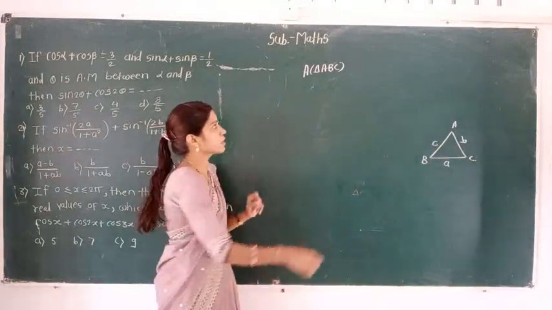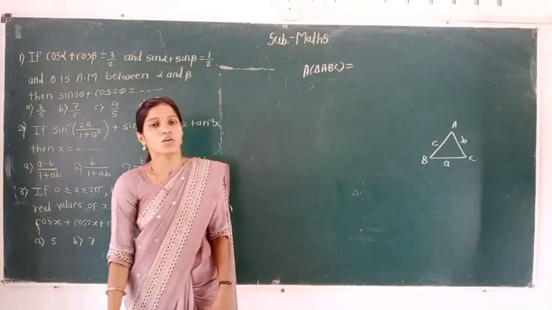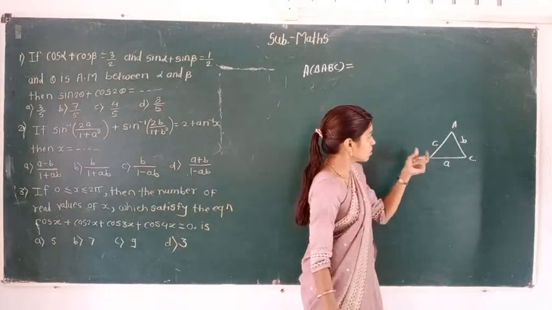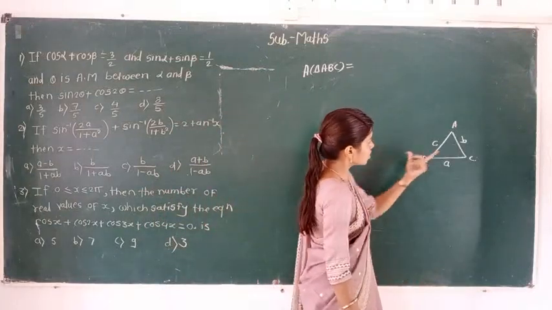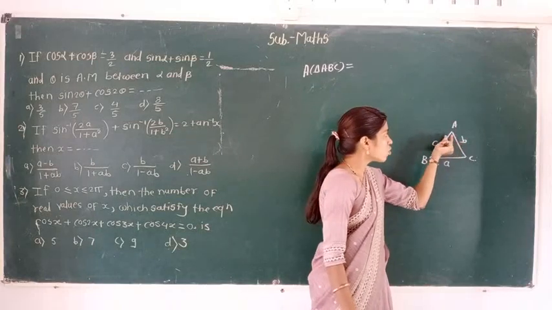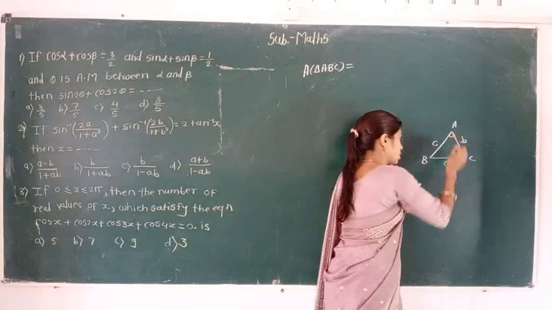For finding the area of triangle ABC, we have to give two sides, and the included angle of these two sides is angle A.